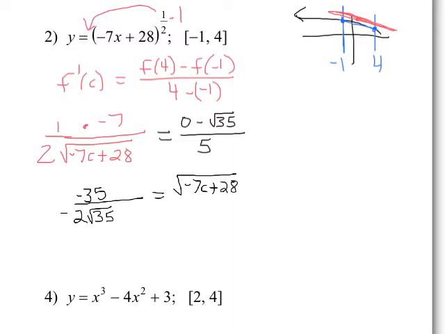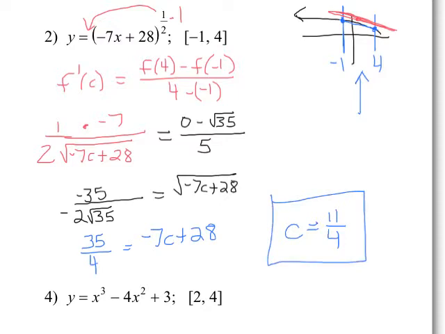So there we go, and we're trying to simplify this so we can square both sides. Squaring both sides, we can subtract 28 and then divide by -7, giving us a c value of 11/4, which is 2.75, which does exist within that interval of -1 to 4.